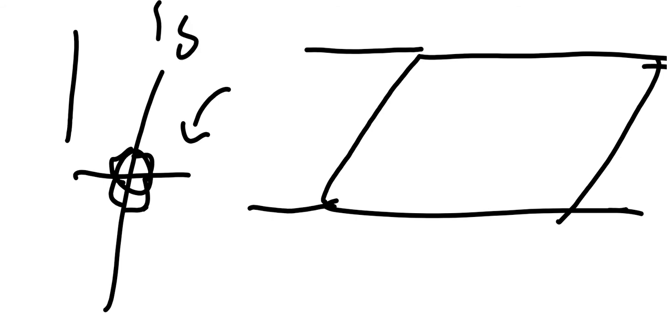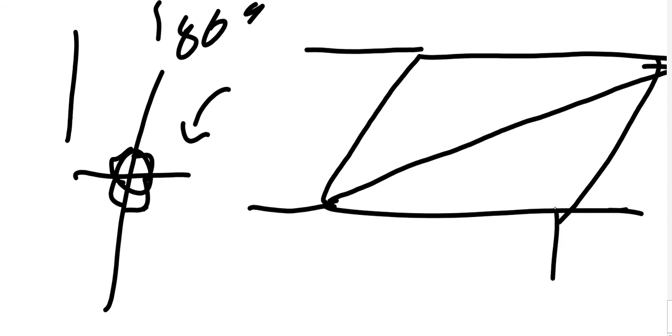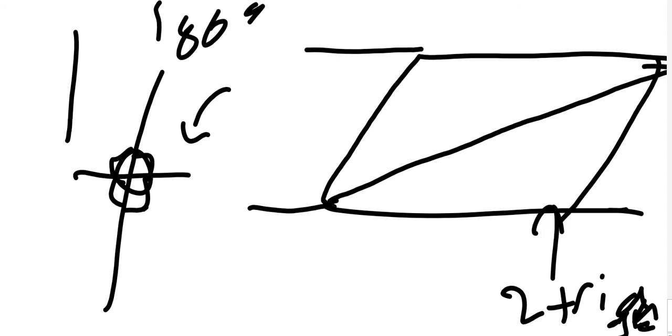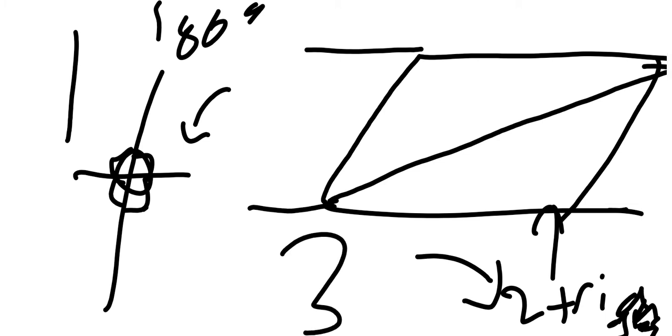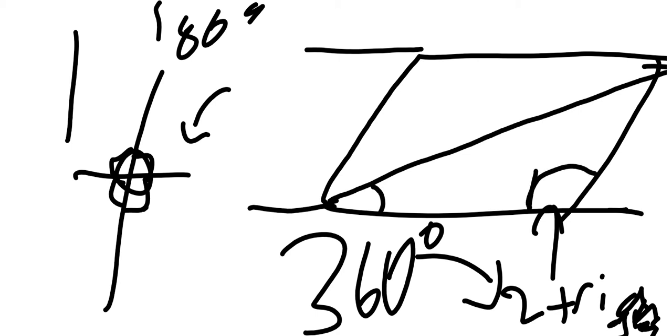All triangles add up to 180 degrees. And shapes like these, here's the trick, are made up of two triangles. So the trick is, this must add up to 360 degrees based on the logic following. And that is actually true. These must add up to 360.